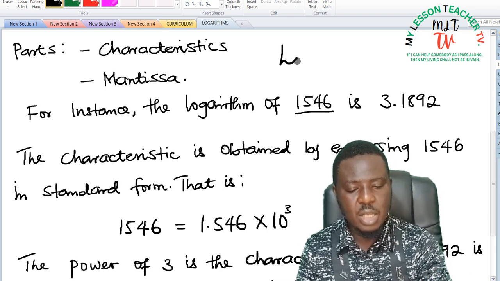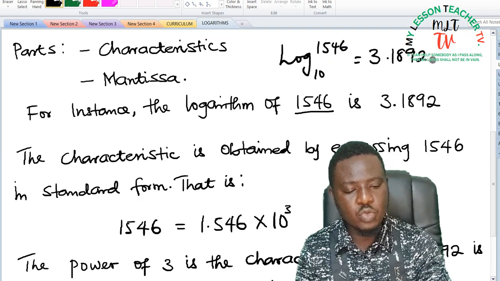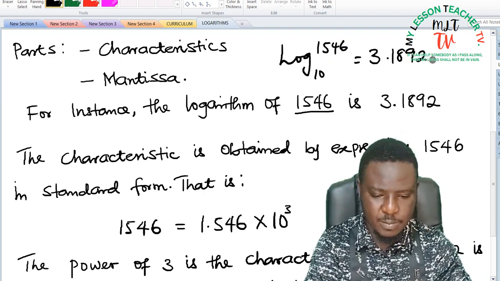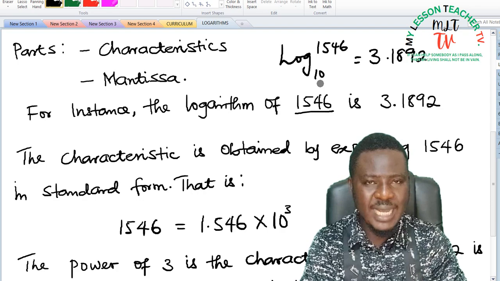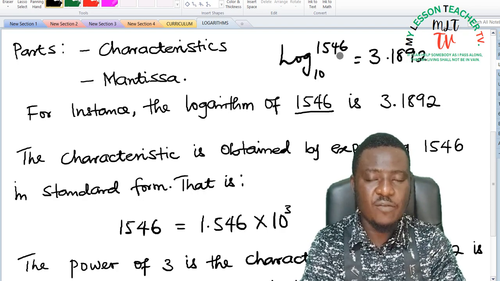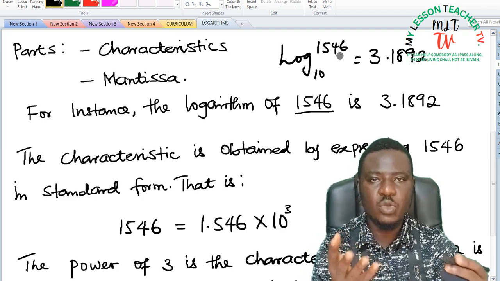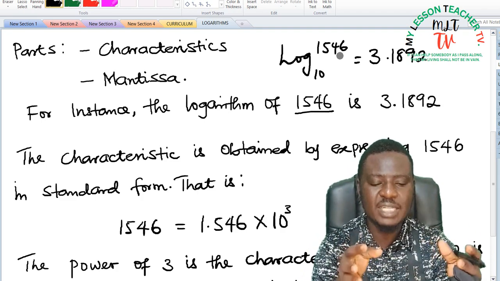What that means is that log 1546 base 10 is equal to 3.1892. This means that 3.1892 is the number to which 10 must be raised to be equal to 1546. You can use your calculator to confirm that. It's going to give you an approximate value, if not the exact value.